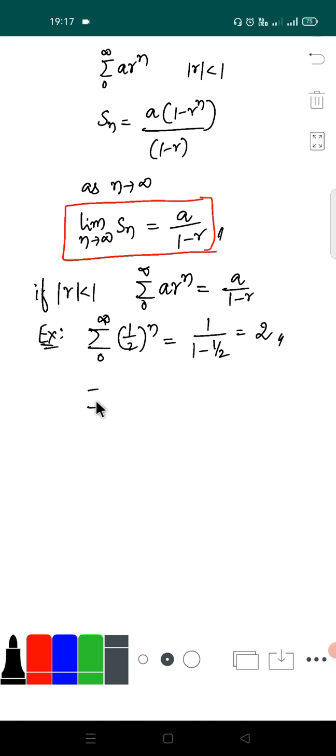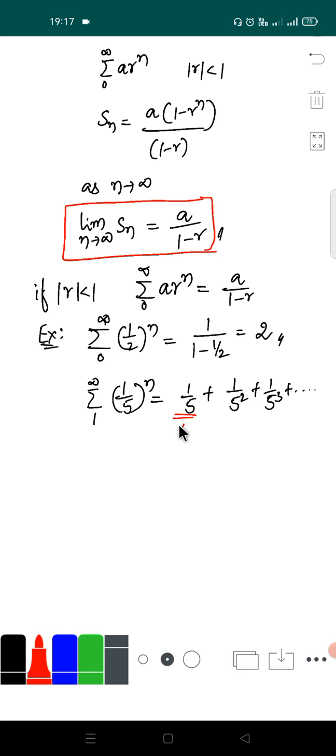Similarly, if we say the summation of (1 by 5) to the power of n, where n goes from 1 to infinity, you need to see this carefully, that n goes from 1 to infinity. I gave this one particularly, so the series will be like this: 1 by 5 plus 1 by 5 square plus 1 by 5 cube plus and so on. Here this is the initial term a, and r is also 1 by 5, because the initial term is multiplied by r, then we get 1 by 5 square.